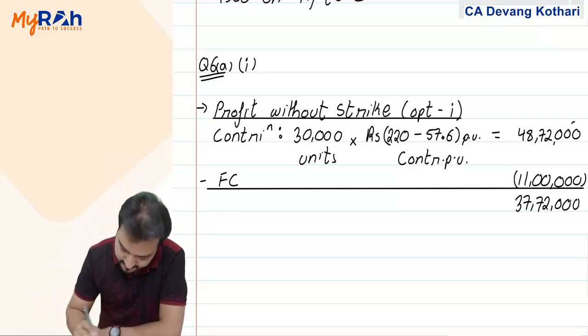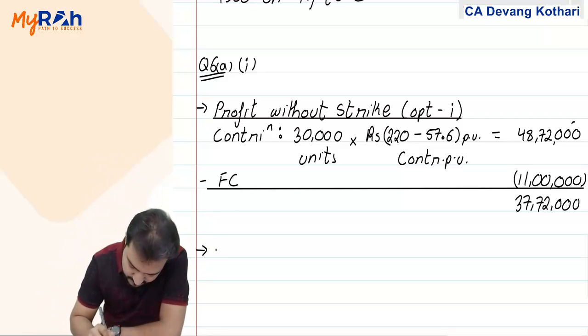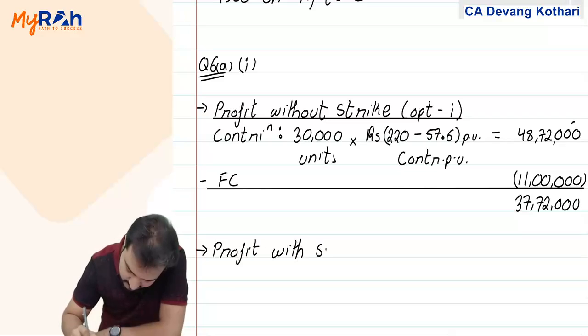Profit of option 1. Then option 2, profit with strike.